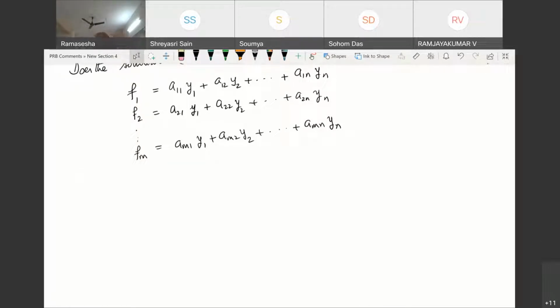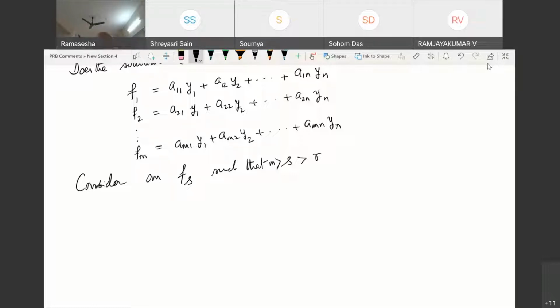Now, let me consider an s such that s is greater than r, but less than or equal to m, which means s can take the value r plus 1 or r plus 2 or all the way up to m.